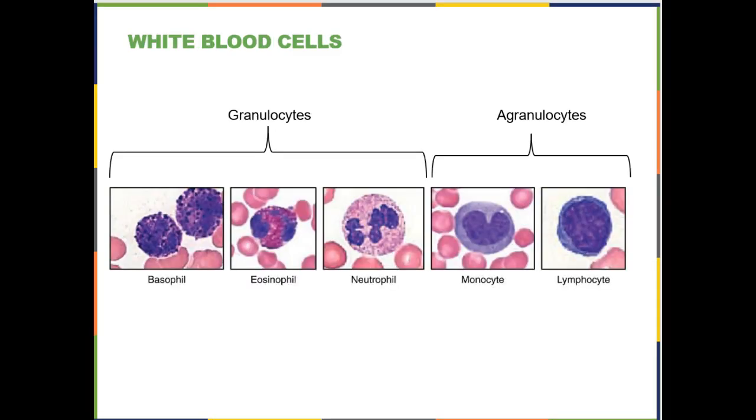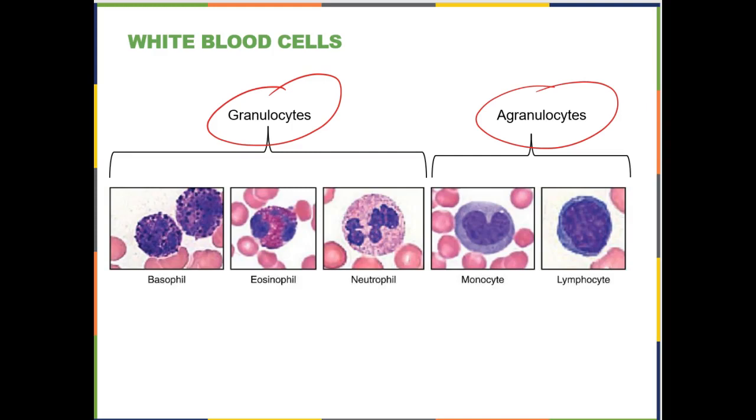Then we get to the white blood cells. This I kind of consider the meat of the chapter, but it's all important. So the first thing you want to know is the difference between your granulocytes and your agranulocytes. So just be able to match the cell type with agranulocyte or granulocyte.